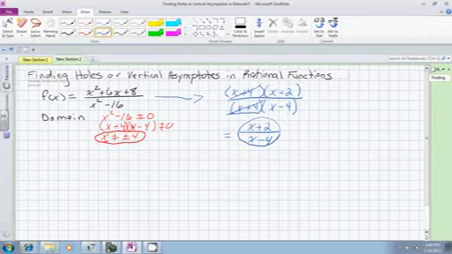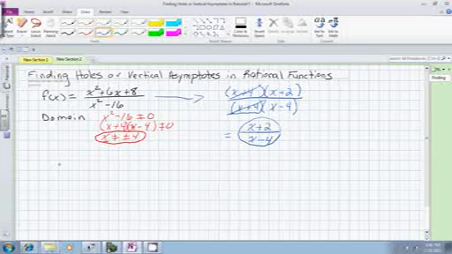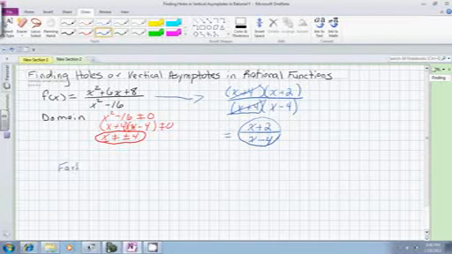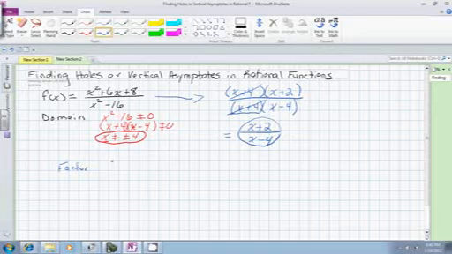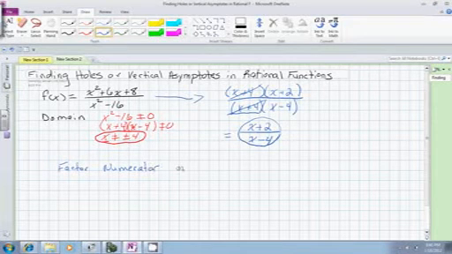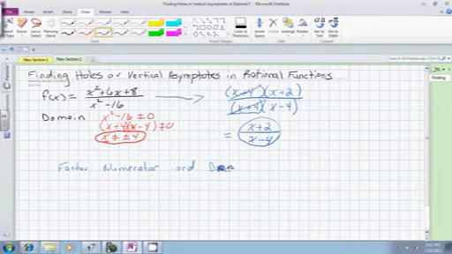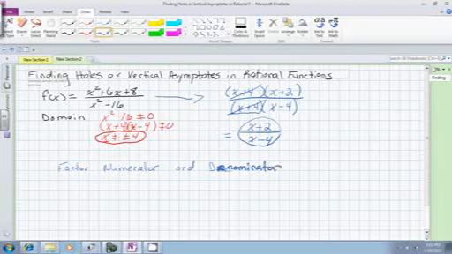So how can we tell if there's going to be a hole or a vertical asymptote? Well, if you factor the numerator and denominator, holes cancel out.